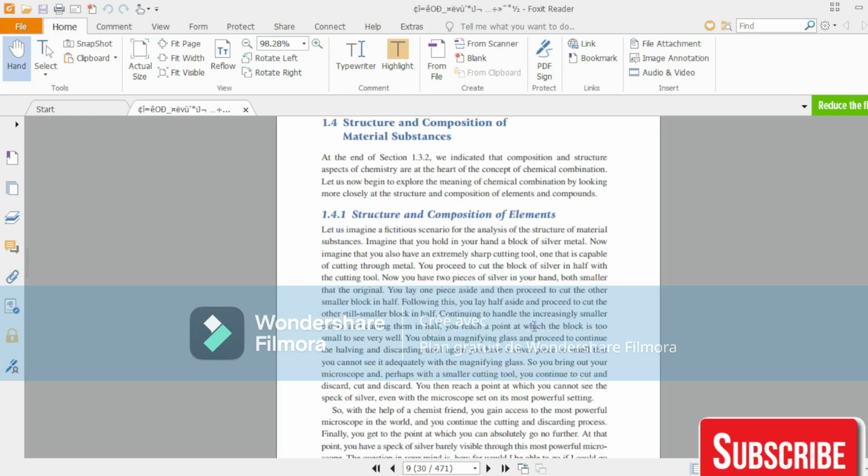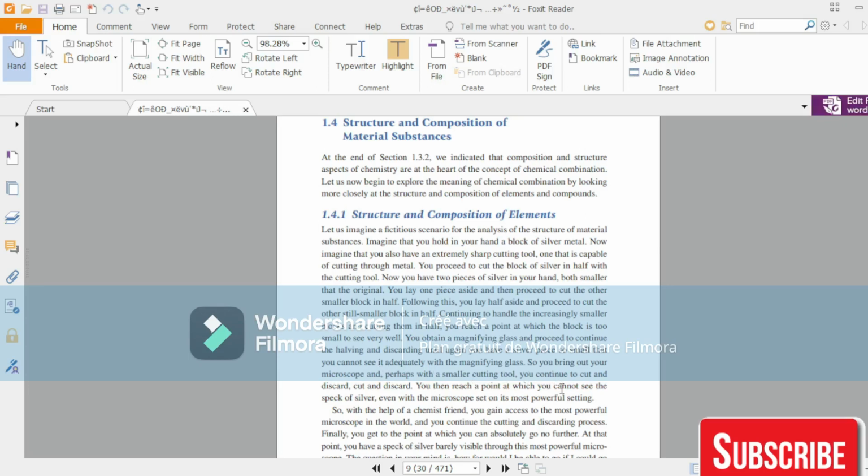Continuing to handle the increasingly smaller blocks and cutting them in half, you reach a point at which the block is too small to see very well. You obtain a magnifying glass and proceed to continue halving and discarding, until again you have a silver piece so small that you cannot see it adequately with the magnifying glass.